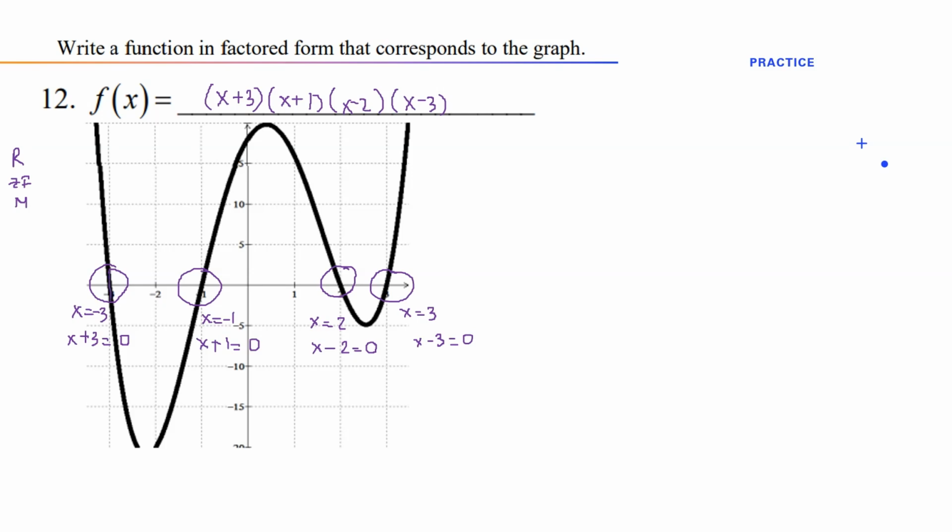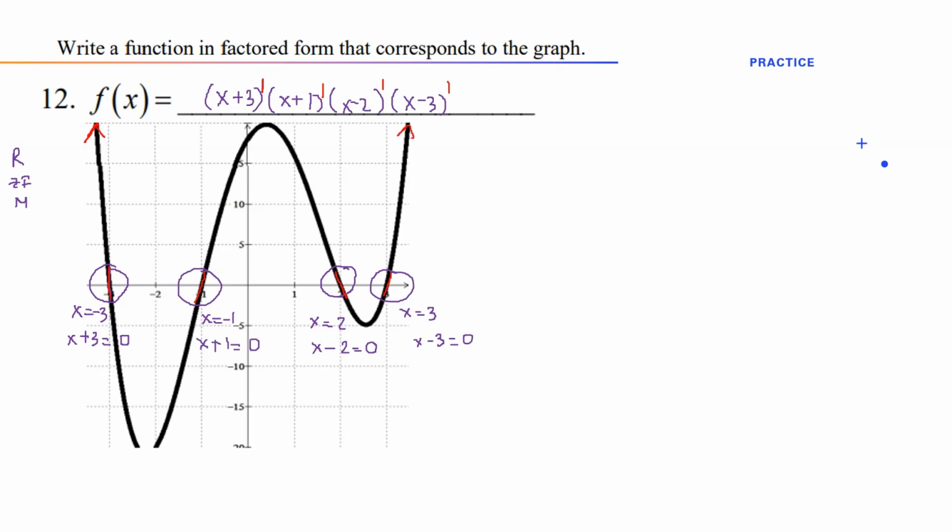So the first one is a cross, so that's 1. The second one crosses, so 1 as well. They are all crosses, right? So all 1. Now we check the left end and right end.